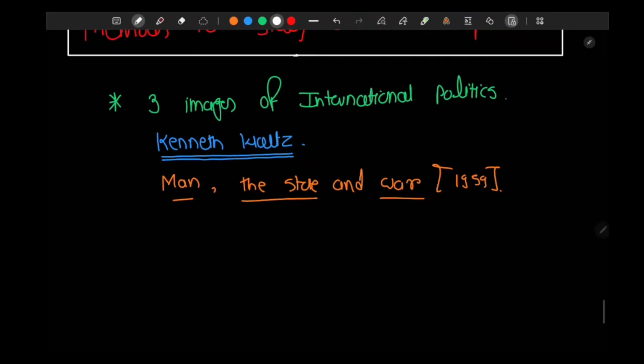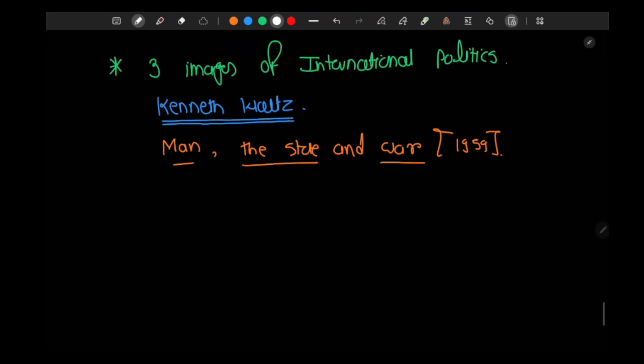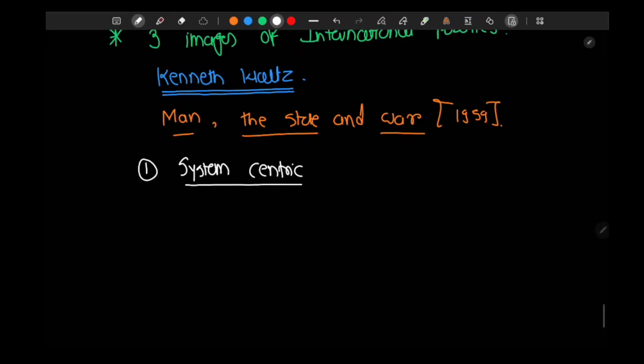So let's say this is the first image. The first image is the system-centric approach or method to study international politics. What is system? System is world order. What is world order?